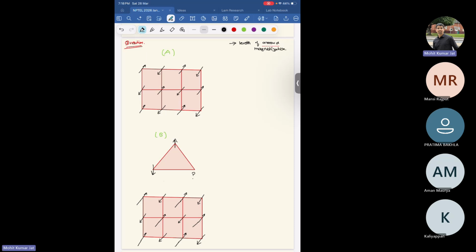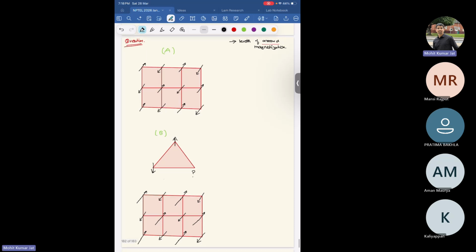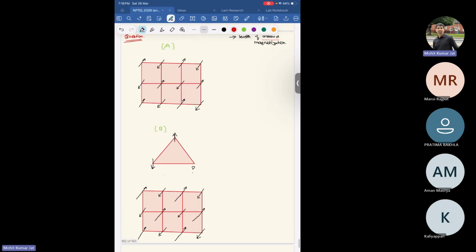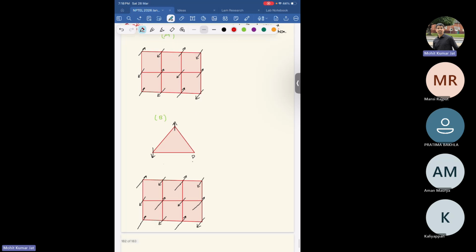Okay. Now based on this, if I ask you which of these falls under what category? Which of these is ferromagnet, antiferromagnet, canted antiferromagnet, frustrated antiferromagnet, or ferrimagnet?